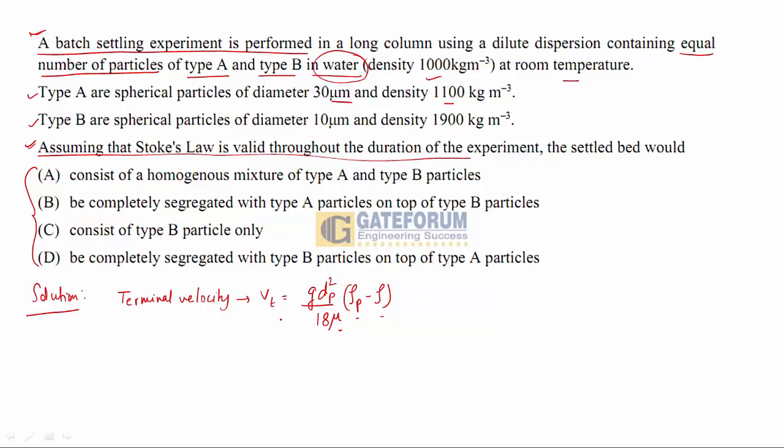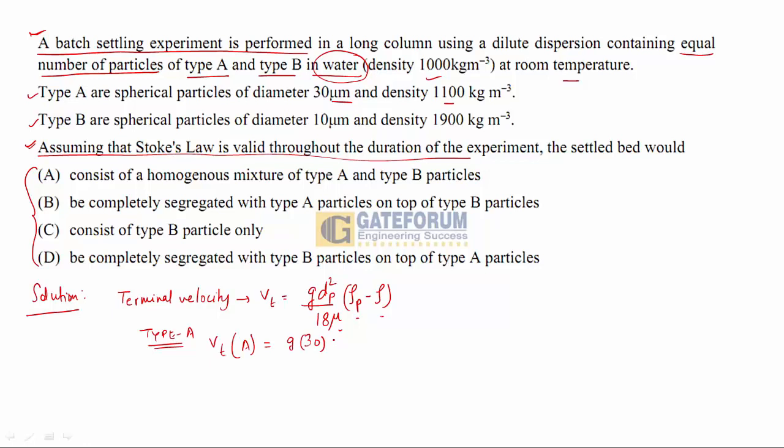Okay, so now let us calculate this value for type A particles. So Vt for type A will be, let us keep g as g only. But dP let us substitute, it is given as 30 micrometer.